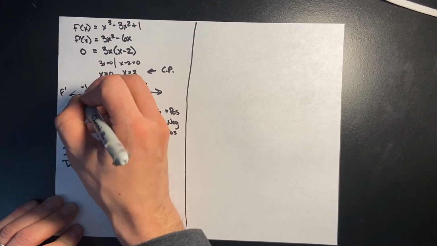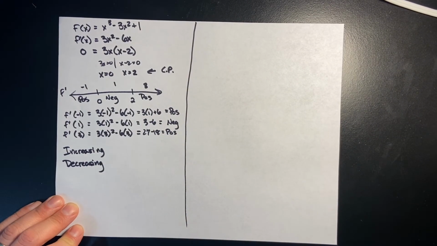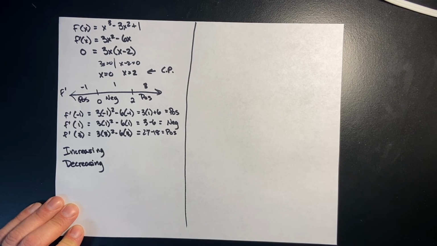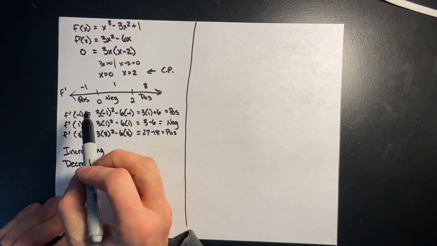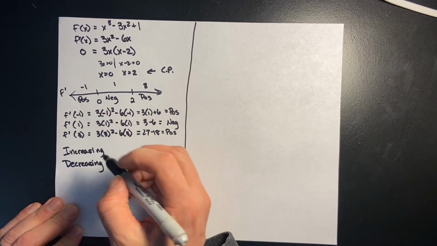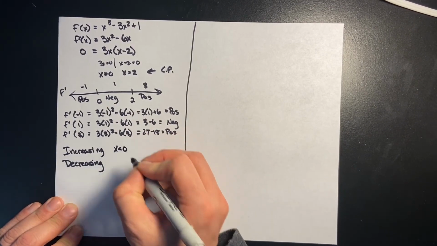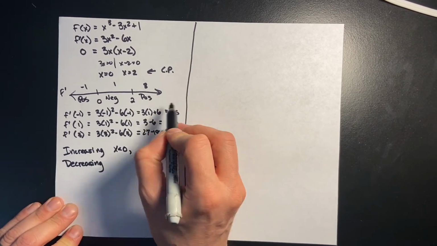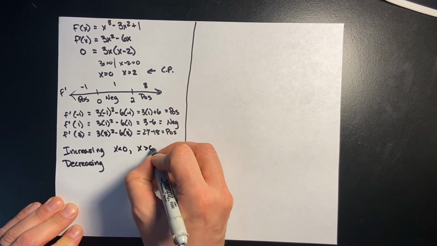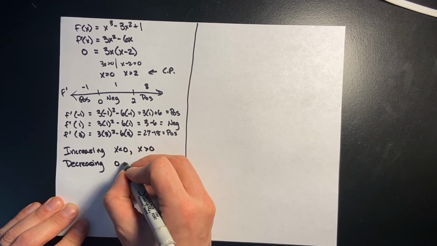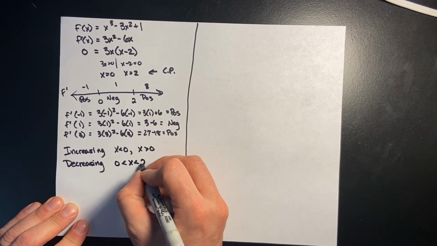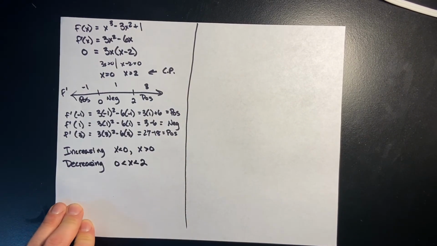I forget if I actually wrote out increasing, decreasing in the last problem. No, I didn't. I wrote out negative and positive. But this positive means that everything from 0 down is increasing. Everything from 2 up is increasing. And everything in between 0 and 2 is decreasing.